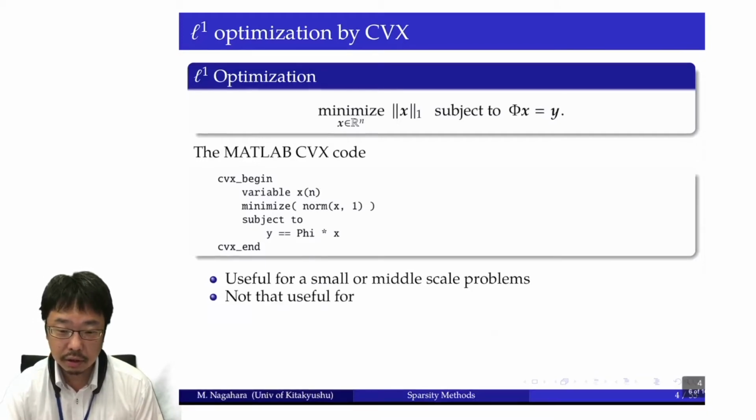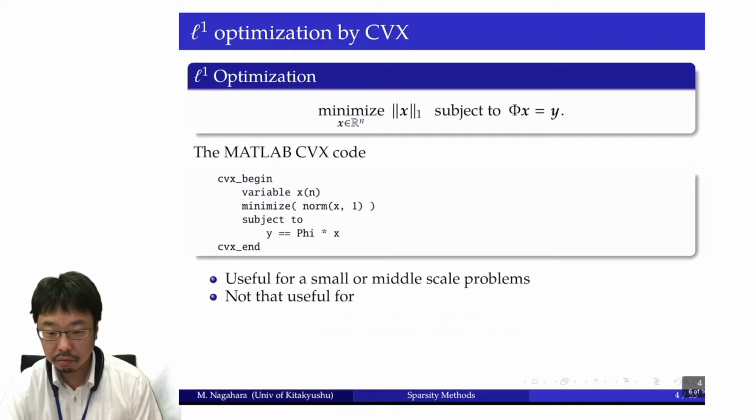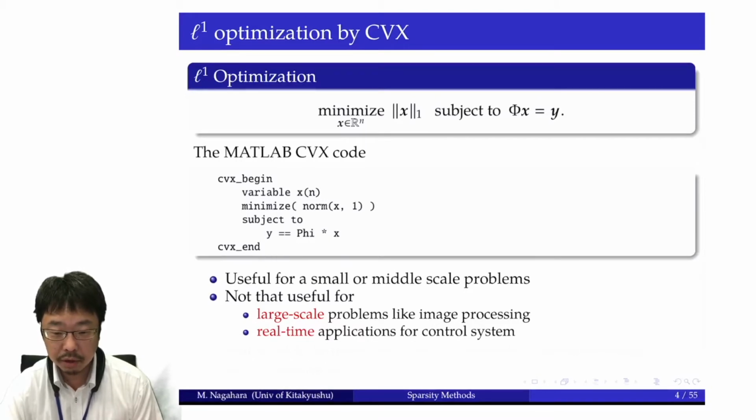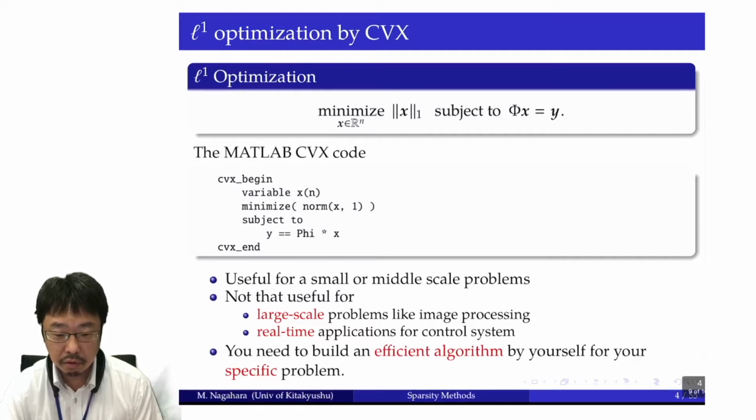However, it's not that useful for large scale problems like image processing or real-time applications for control systems. Therefore, we need to build an efficient algorithm by yourself for your specific problem. This is the motivation to look into convex optimization theory in this section to develop fast algorithms for our problems.